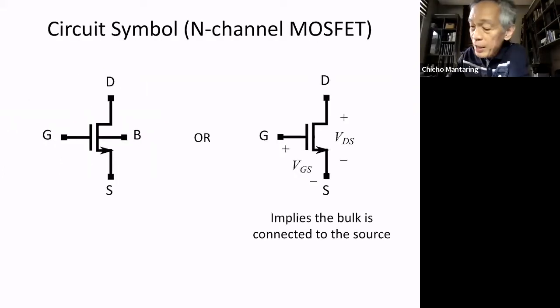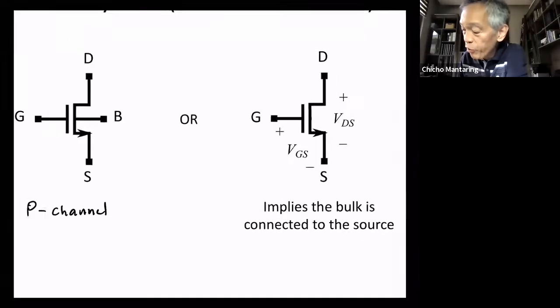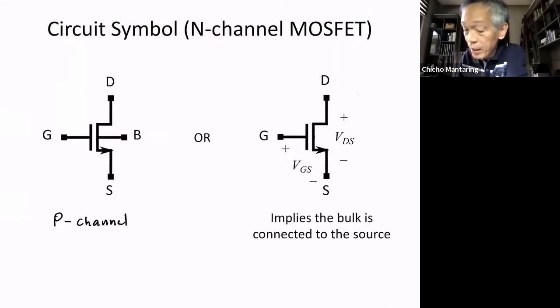So this implies that there's another type of MOS transistor. There's also a P channel. The symbol for the P channel just has the arrow reversed. So the arrow is this way.